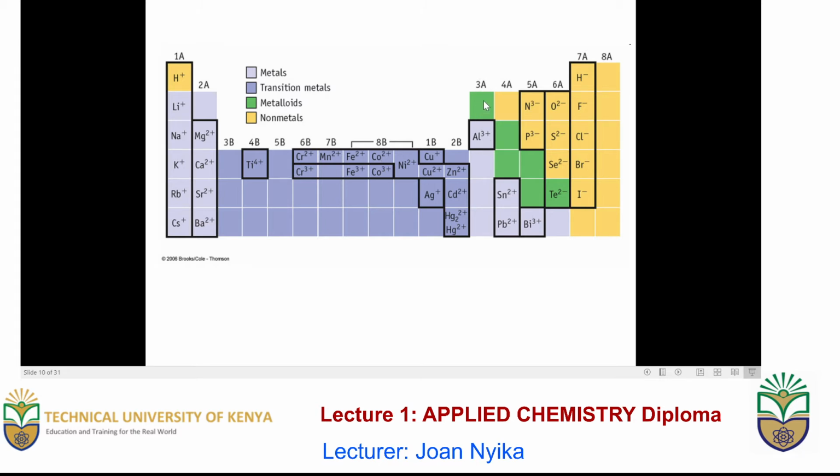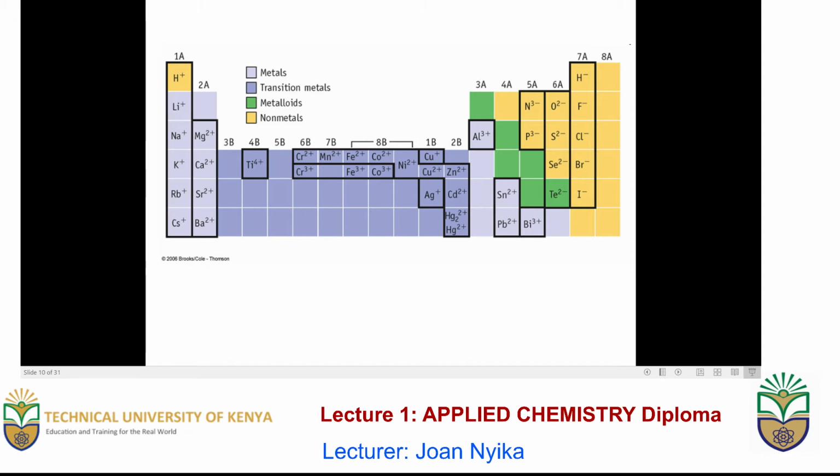When you look at the case of group 3 elements, aluminium has the capacity to lose 3 electrons from its outermost shell and transfer them to a nonmetal. When you look at the other case of the nonmetals, like the group 7 elements, what we call the halogens, fluorine, chlorine, and bromine have the ability to gain 1 electron, that is, to be transferred 1 electron from a metal so that they can get their ionic state.